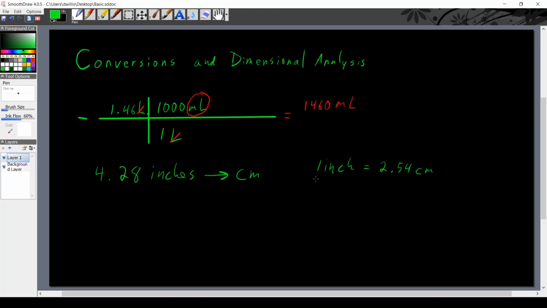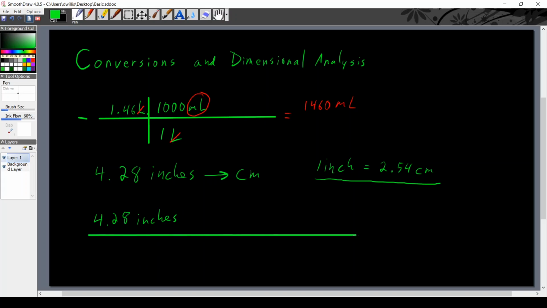So that is an exact conversion based on the definition of an inch. All right, so I would start off with what I'm given, 4.28 inches. And I would then post that. I'm going to draw my line underneath and draw a dividing line there just to help me keep things straight.